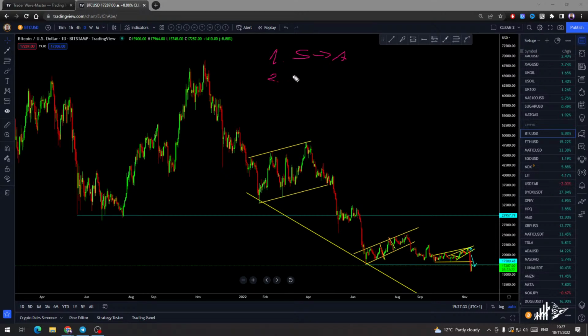Then you need an entry strategy: how you will enter, where you will enter. Then you need a risk management strategy. Then you need an exit strategy: how you will exit, where you will exit in case the trade goes against you.